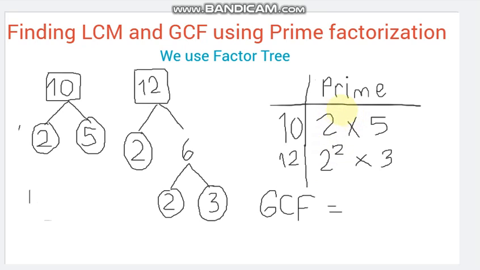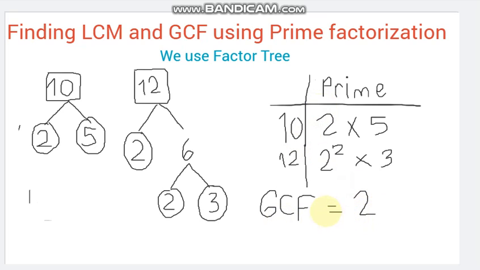That is number 2, which is the same number. There is a 5 here in 10, but not in 12. Or the other way around, there is a 3 in the factorization of 12, but there is no 3 in the factorization of 10. So that's why we're going to use 2, because there is a number 2 in both.